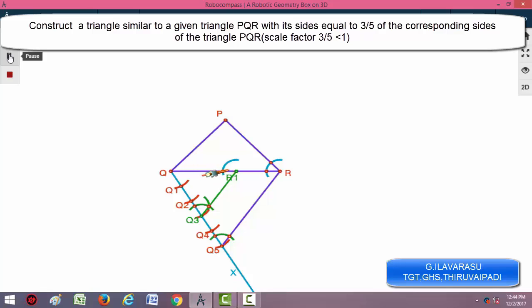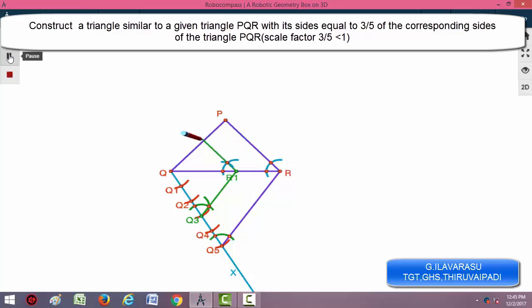Now drawing the arc, that is copying the angle of R here. Now you got the intersection point. Now join this intersection point and R1, extend it towards upside, so that will meet QP.